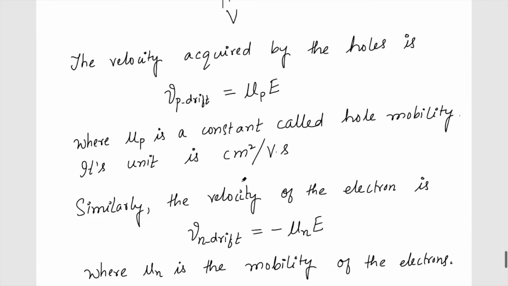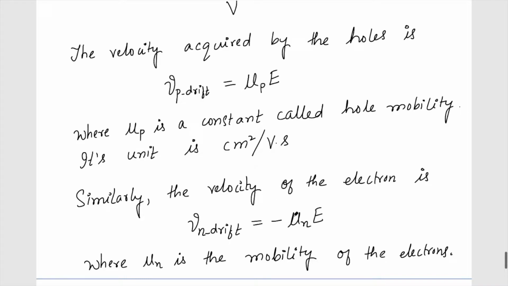So in the last class, we had discussed that electrons are more mobile, right? Electrons move at least 2.5 times faster than the holes, right? So here, if we try to find the ratio of mu n and mu p, we will get this ratio, whatever we had discussed in the last class.